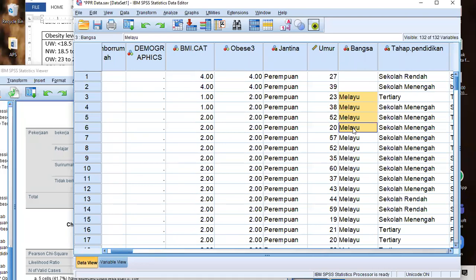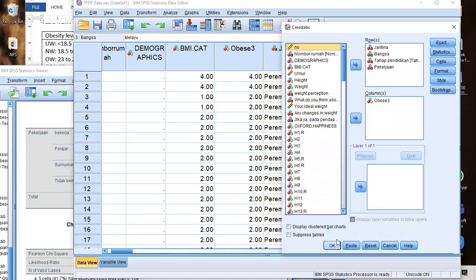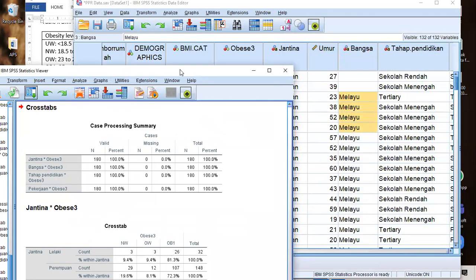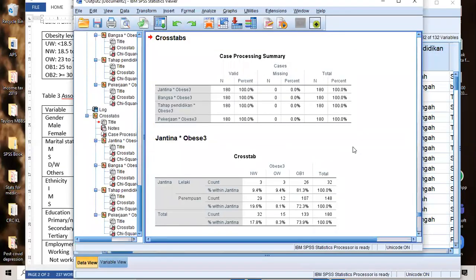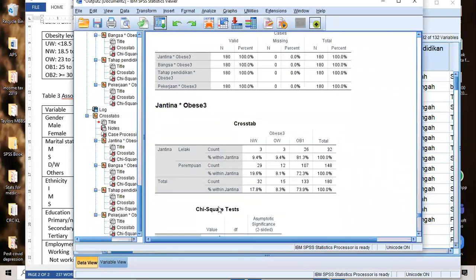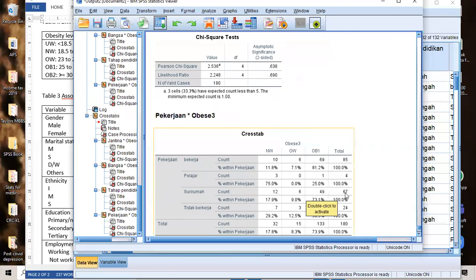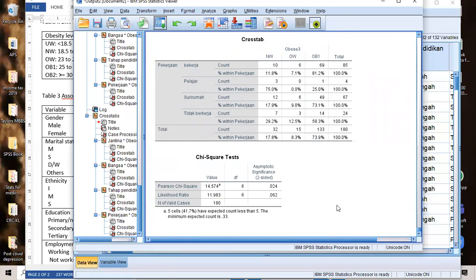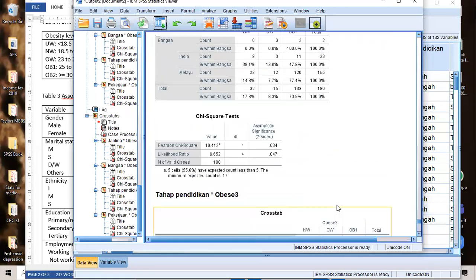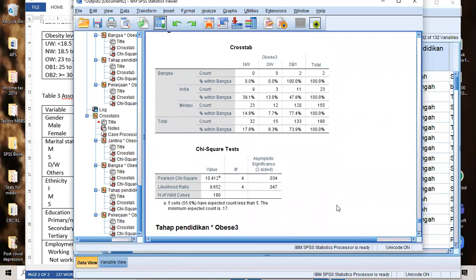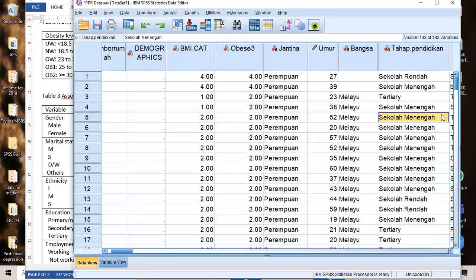All right. But still, hold on, don't do anything yet because it's not numerical. The last table, okay. This Bangsa, right? See, this value is still there, see? We don't want that. So what do you do?